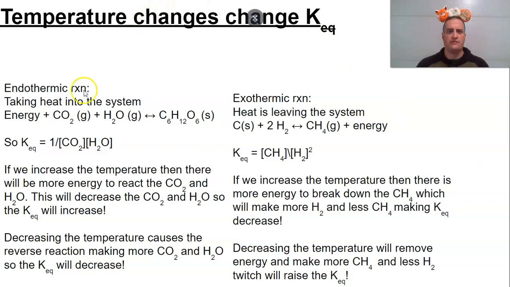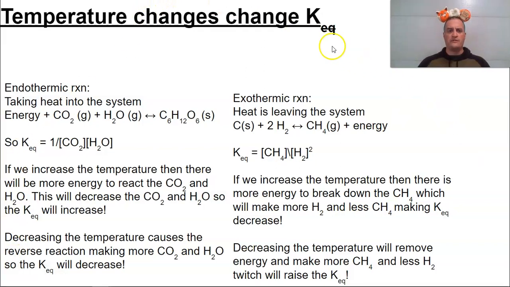Now temperature. So temperature changes can affect the equilibrium constant as well. It kind of depends if it's endothermic or exothermic. So let's walk through an endothermic one. So taking heat into the system, right? That's what we think about as endothermic. Energy plus the reactants makes a product.